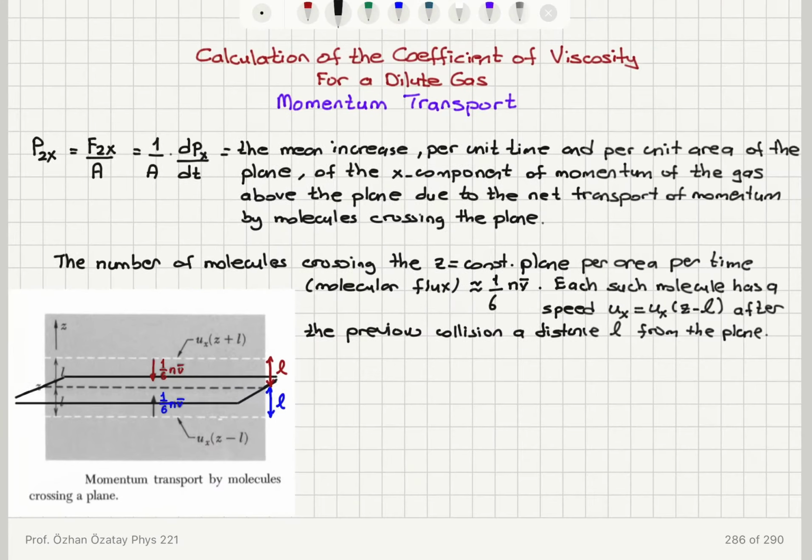So these molecules are approaching this plane with the speed that they obtained at z minus L and z plus L. So what I'm interested in is the net momentum transported across the plane.